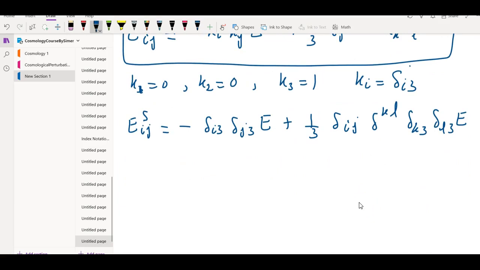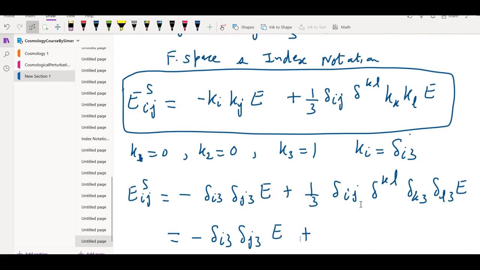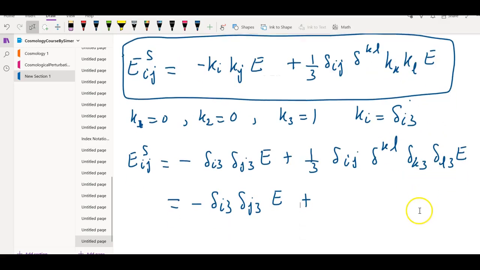Okay, what does this become? Minus delta I3 delta J3 E, plus, now this becomes delta Ij delta KL, okay, K3 and L3.